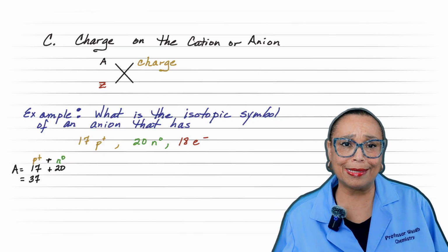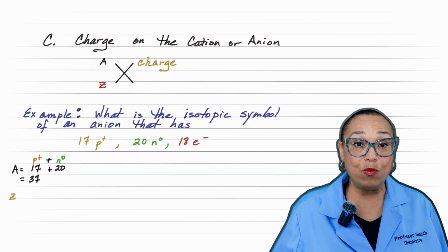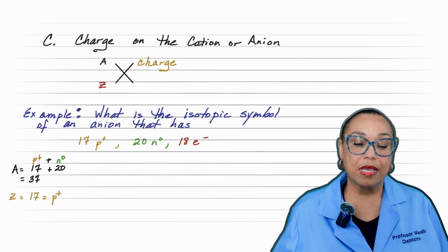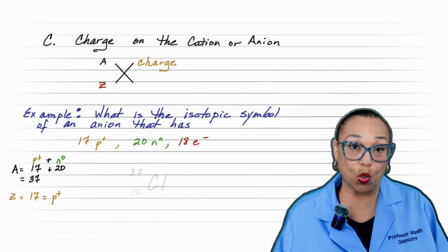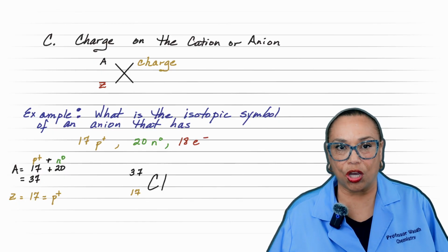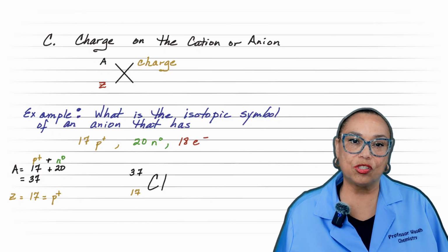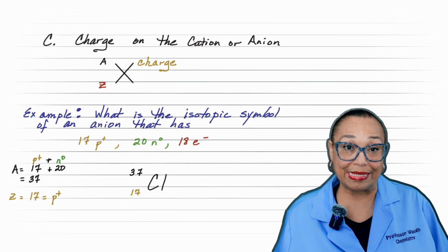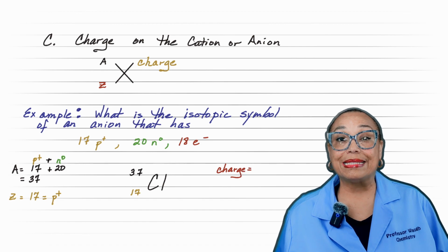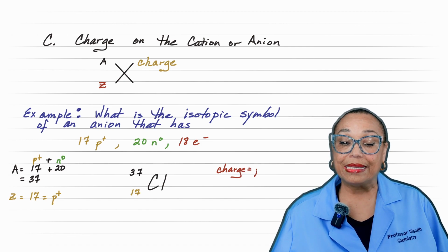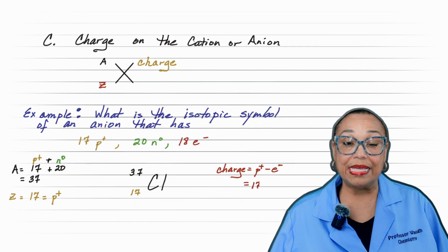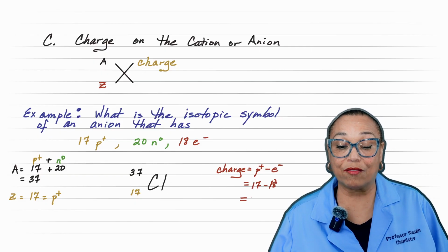Now Z, your atomic number, has to be just the number of protons, so you can see I put it in the lower left region on my isotopic symbol. Now, the charge. You always put the charge on the upper right side of your isotopic symbol. In this scenario, the charge is the number of protons minus the number of electrons. So 17 minus 18 is negative 1.